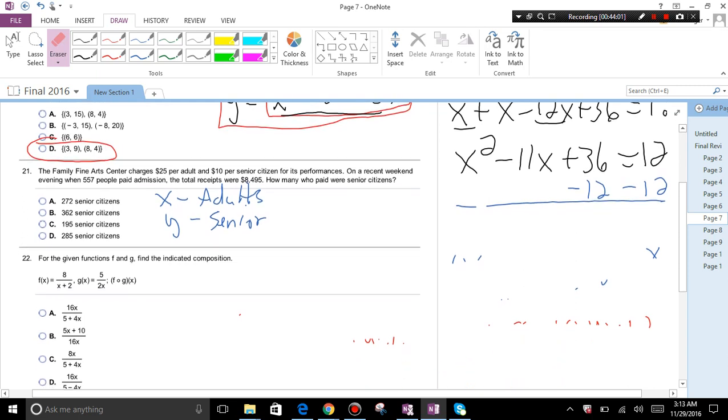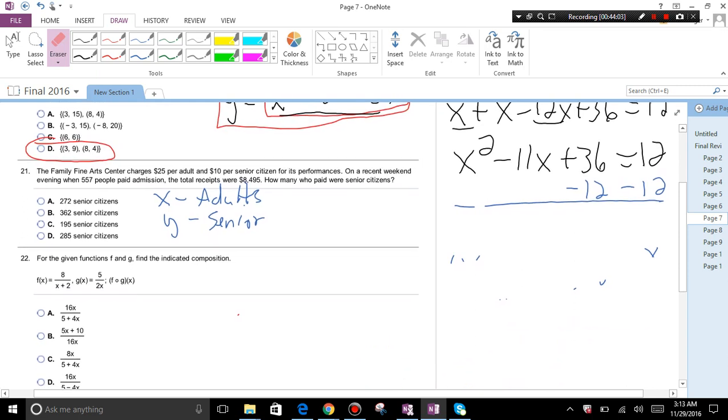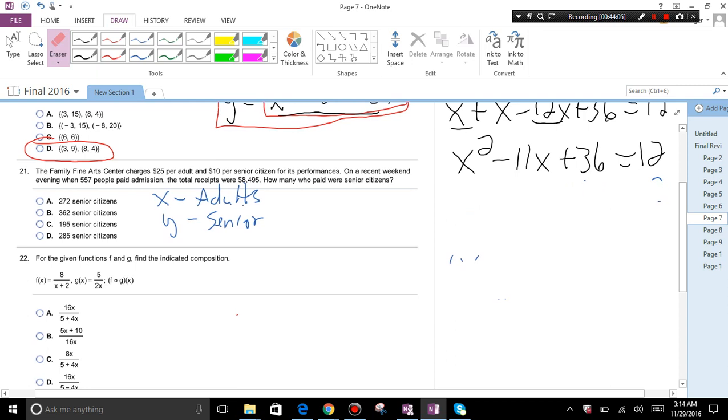This one's actually going to be easier. From the sentences, we need two equations. So if x is the number of adults and y is the number of senior citizens, it says that there were 557 total people. So the number of adults plus the number of senior citizens is 557.